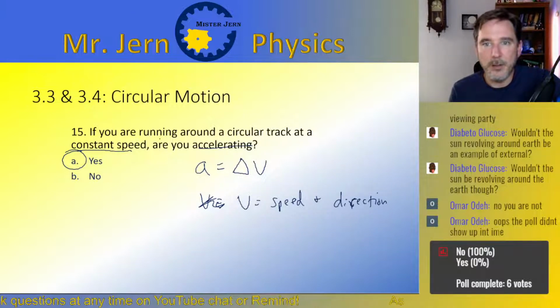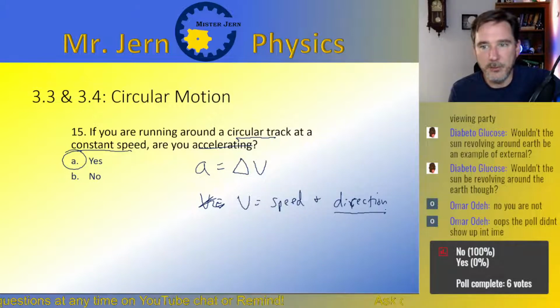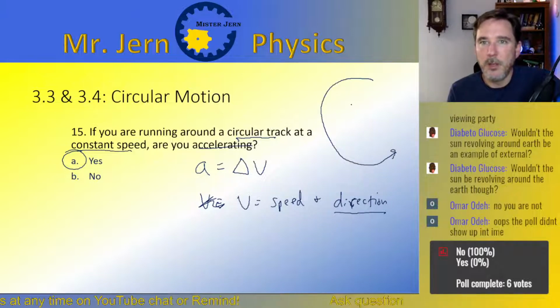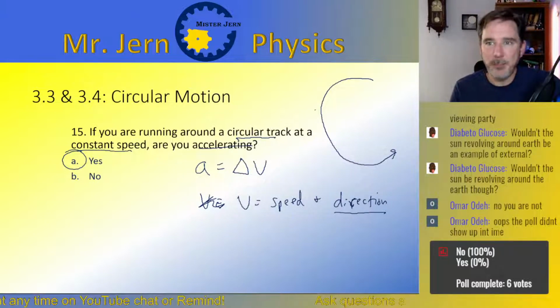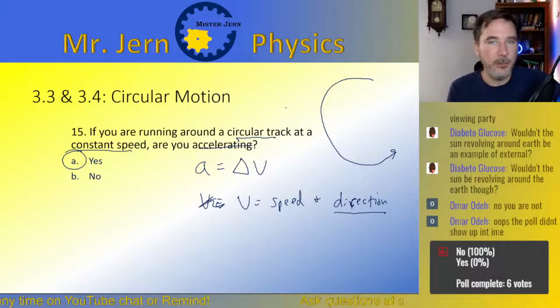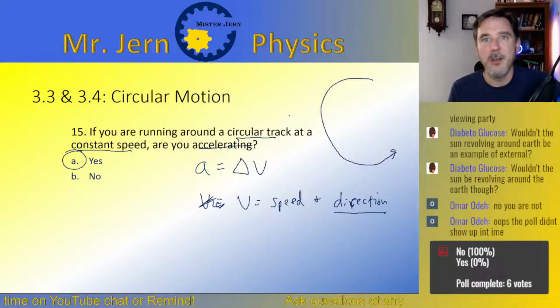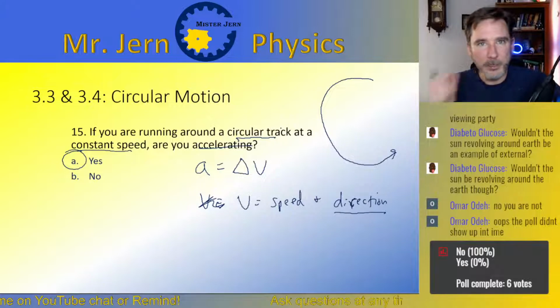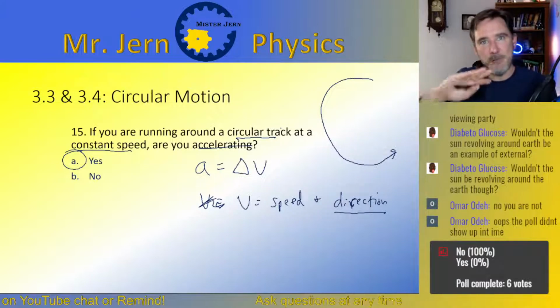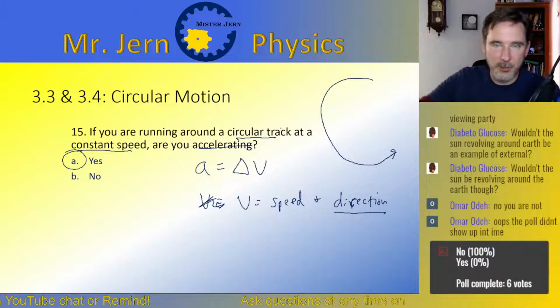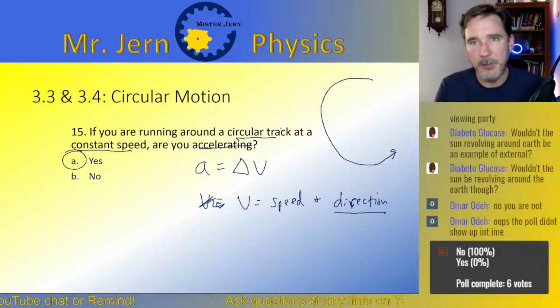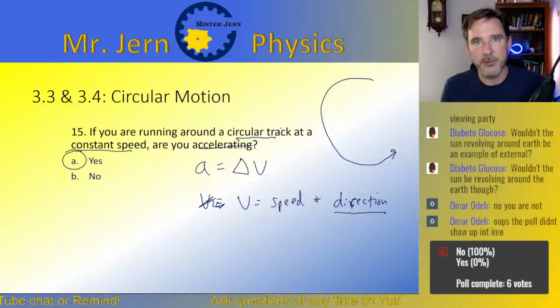So if you're running around in a circle, it's your direction that's changing, okay? And if you're running around in a circle, you have to constantly be pushing yourself into a circle, because otherwise you would just naturally run in a straight line. If you've ever run in a really tight circle, you can feel your body trying to fling you. It feels like you're being flung outward. You're not, but you definitely have to push yourself into a circle.